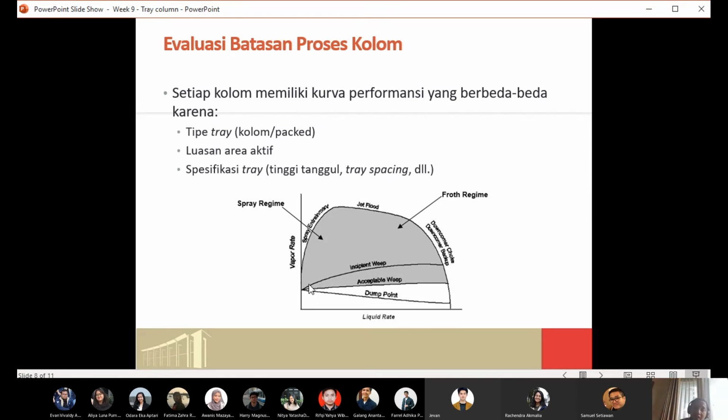So the safe condition for the hydrodynamic operation of a distillation column is actually in this gray color. So you have to operate in this gray color.